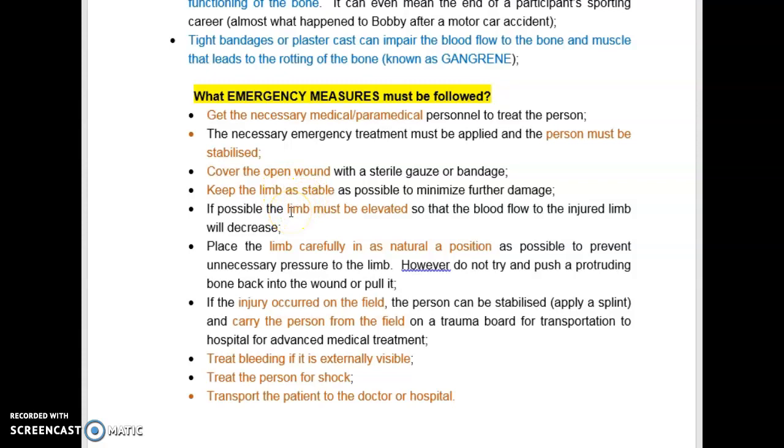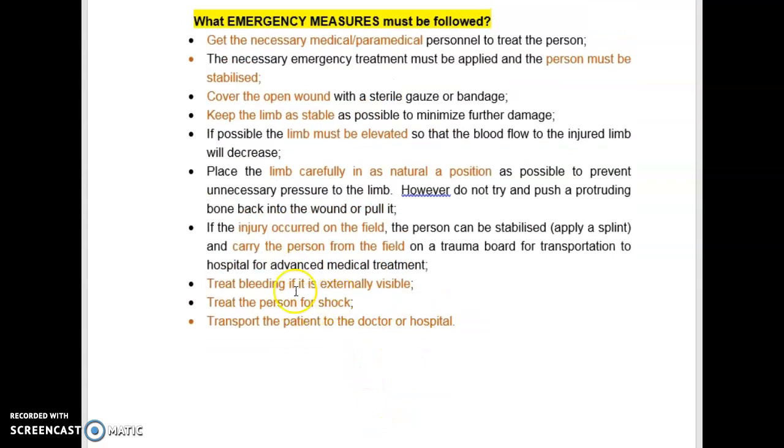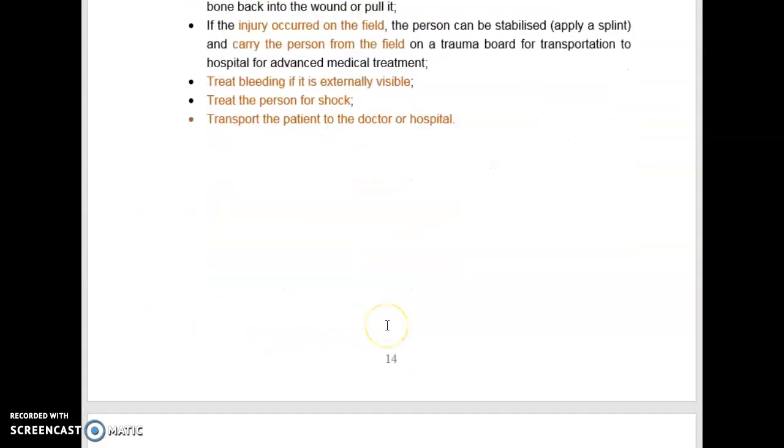The limb must be elevated so the blood can flow out and the swelling of the injured limb will decrease. And you place the limb carefully in a natural position, but don't push it into that position. When it's on the field, you carry the person from the field. Treat the bleeding if it's an open wound, treat the person for shock, and then call the hospital and take the person to the hospital.